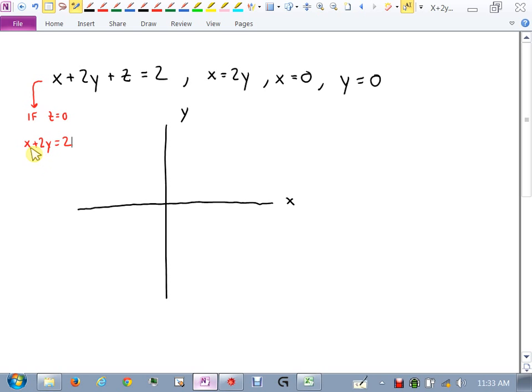Let x be 0, then what does y have to be? 1. So I know that if x is 0, y is 1. That point lives on that line. If y is 0, what's x? 2. So we have something like this.